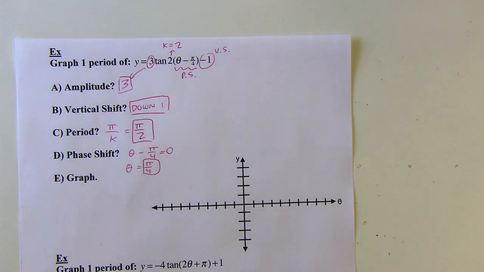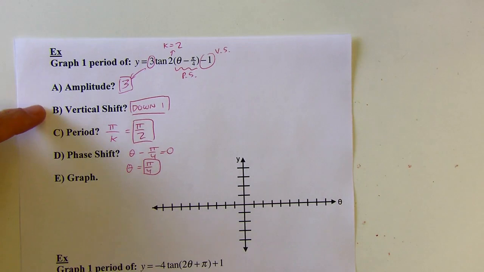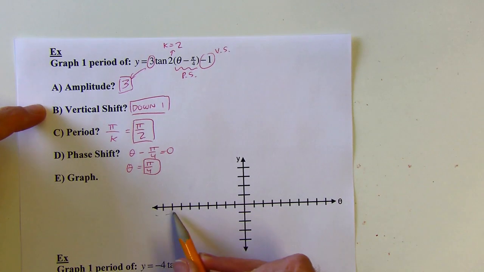All right, so let's start. I'm going to graph the ghost first. Okay, actually, I'm going to start with the road map. So I'm going to use the vertical shift down 1. So here would be my midline.